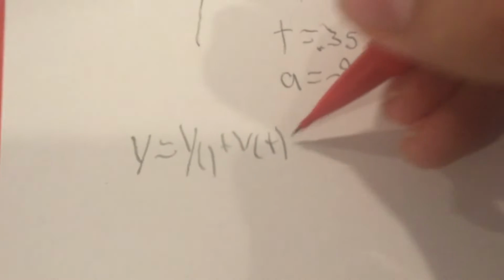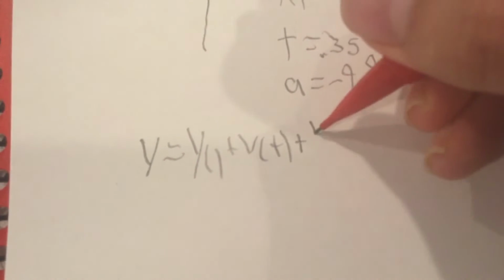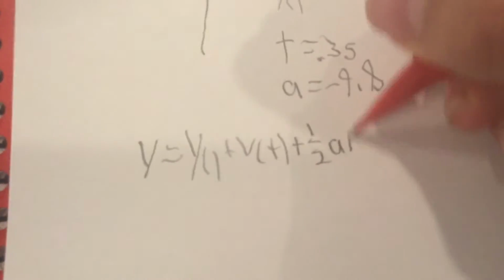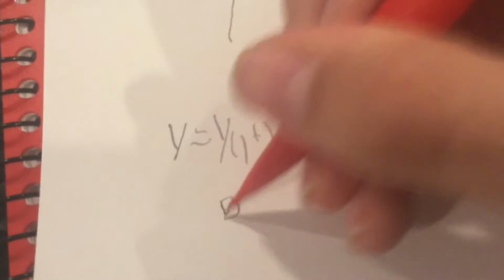Okay, now let's start the question. We can use the equation y equals y naught plus v naught t plus 1/2 a t squared. We know y naught is 0.